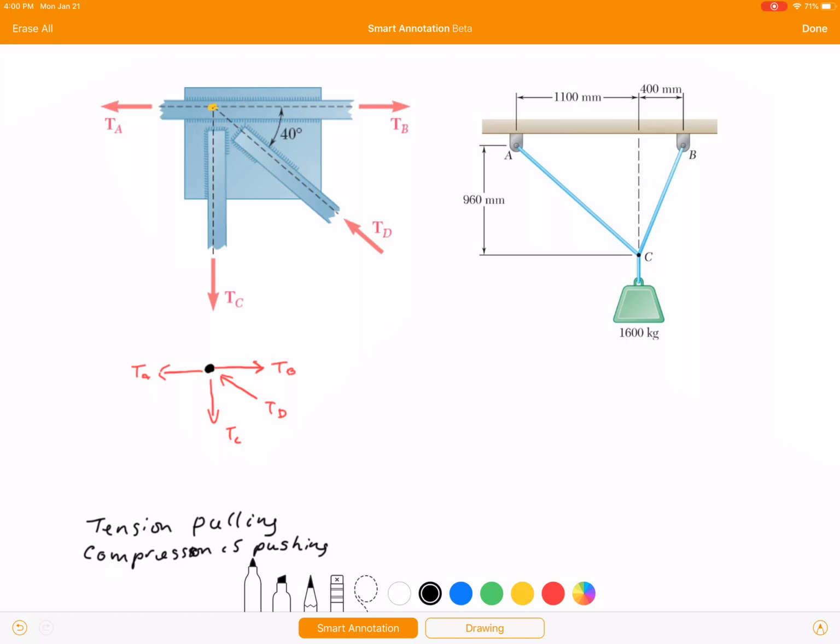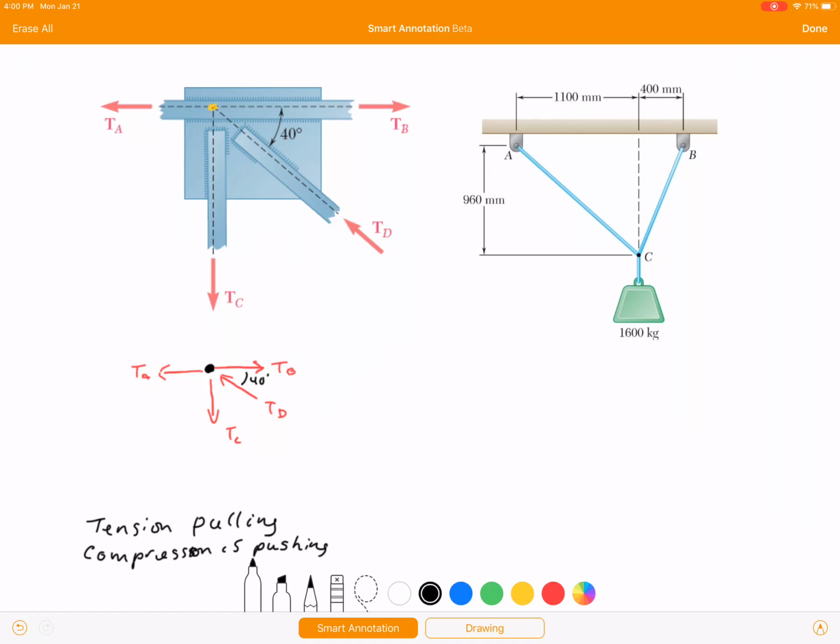So we need to put in here any kind of angles that we have. So the TA, TB, and TC are all either horizontal or vertical, but for this angle we need to add our 40 degrees as the angle of where TD is applied.